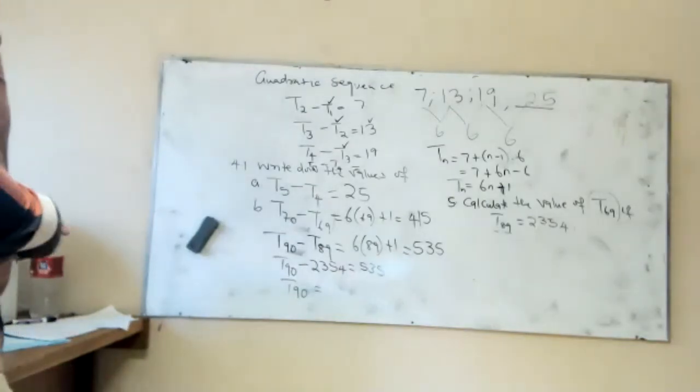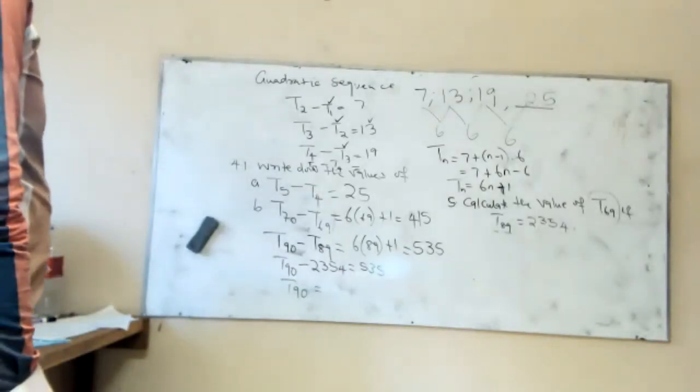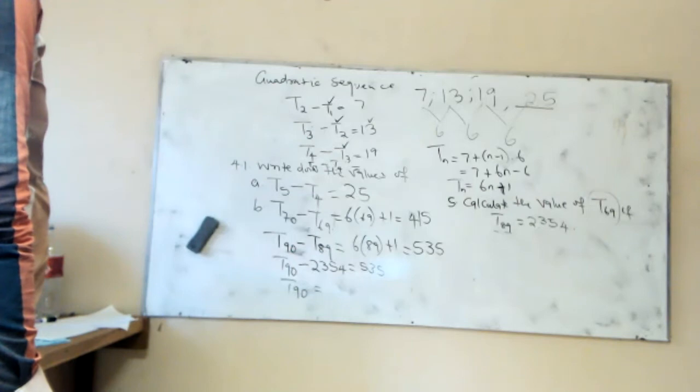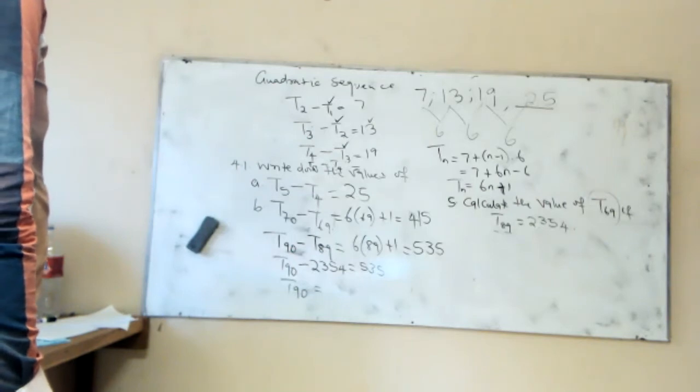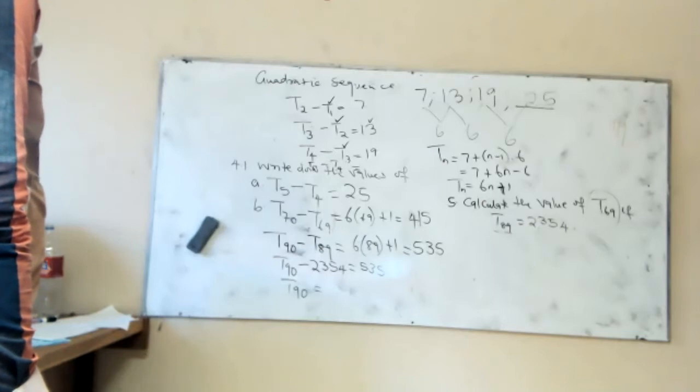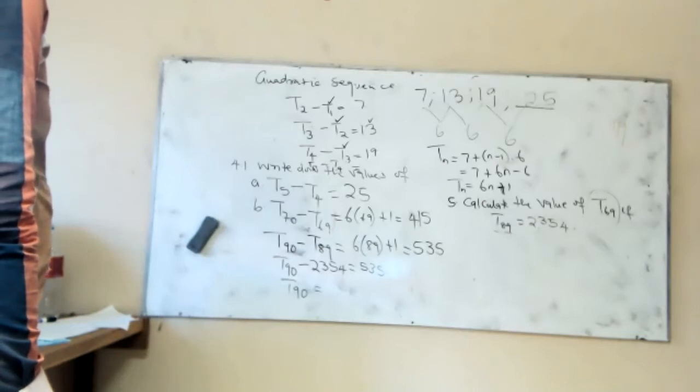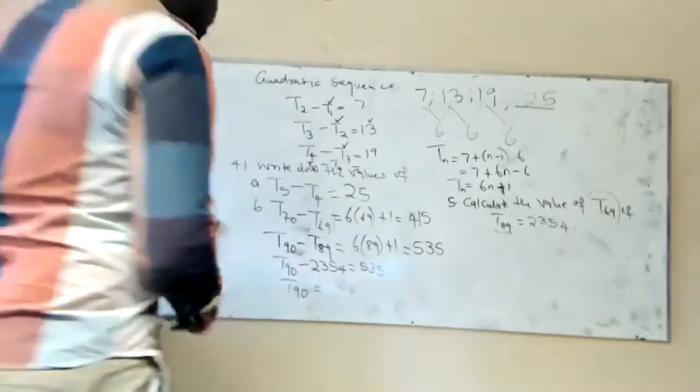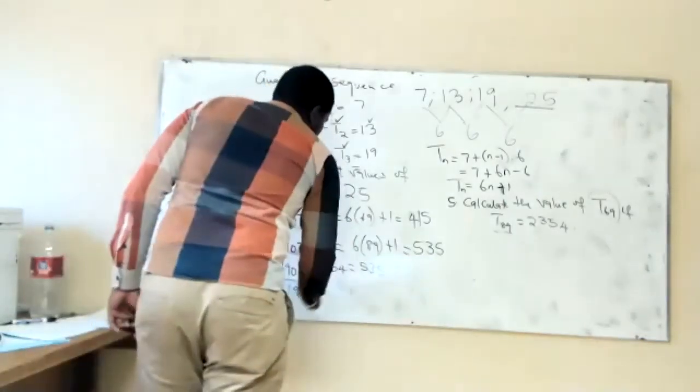Can you tell me what is going to be the value of T90? It is 2889. Is it not negative?